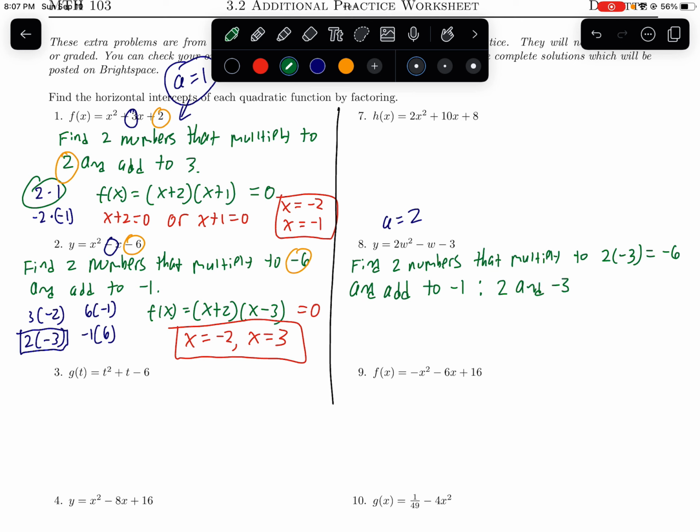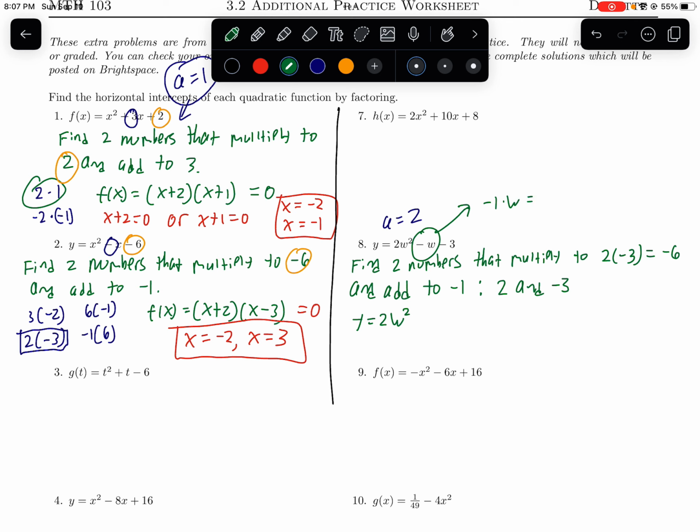So what we're going to do now, rather than just jumping into the factoring, is we're going to split the b term into those two numbers. So we'll write 2w squared, that'll stay there. But then this term can be written as -1 times w.